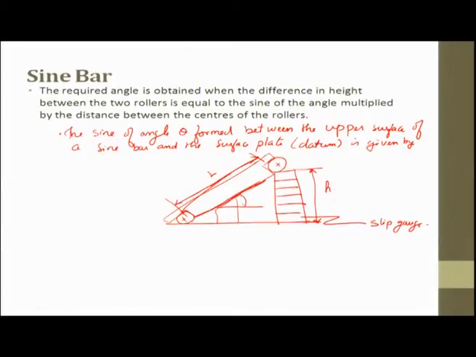If you want to find out this angle, I call it theta. Then sine theta is equal to h by L, where h is nothing but the height difference between rollers, and L is the distance between rollers.